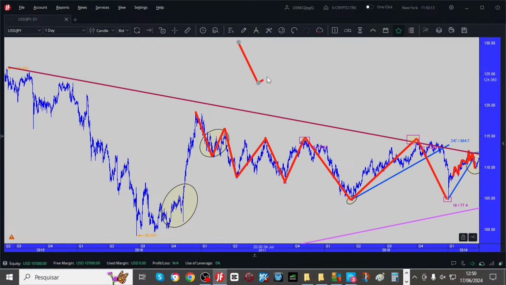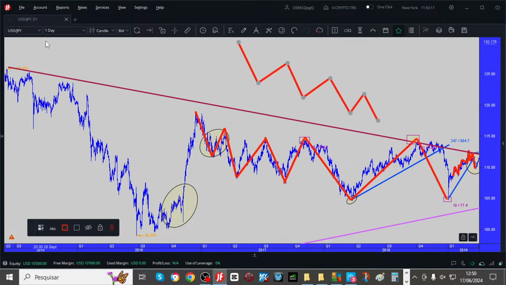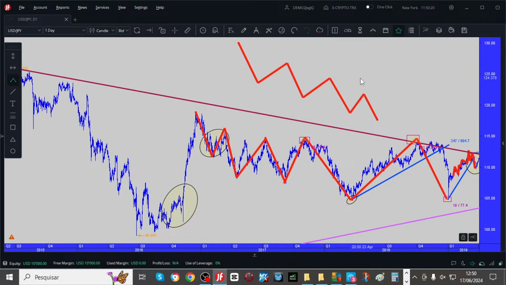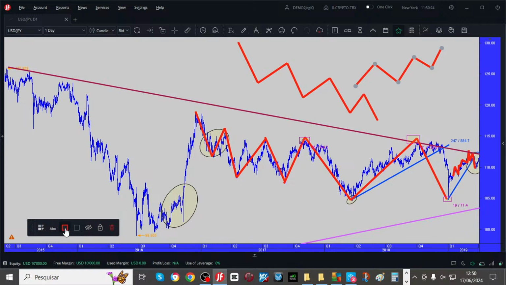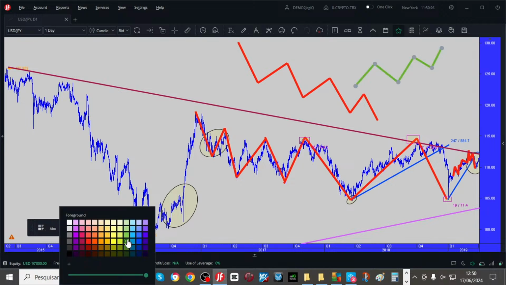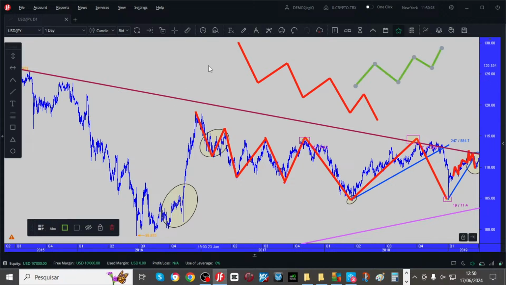Everybody, do you see the market going down, or do you see the market going up? If you're seeing the market going down, you're going to tell your trader to short the market. If you are seeing the market going up, you are going to tell your trader to buy.